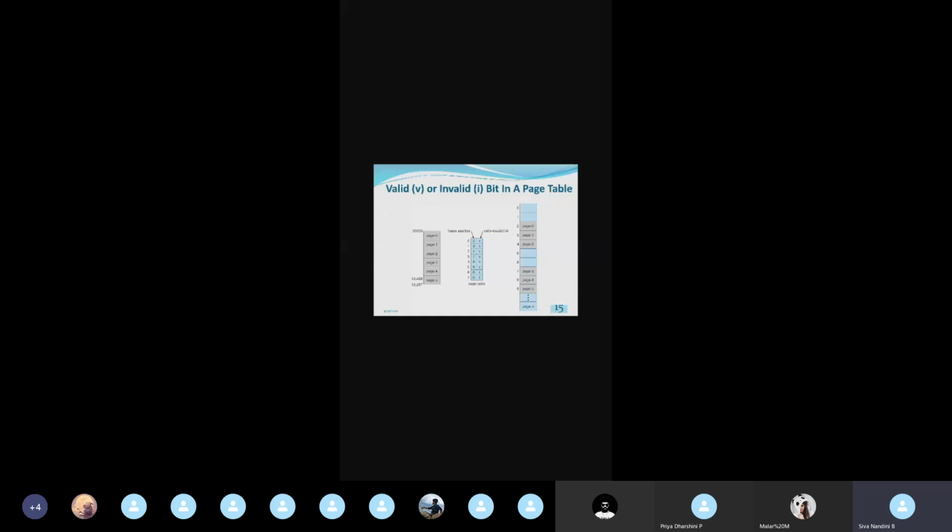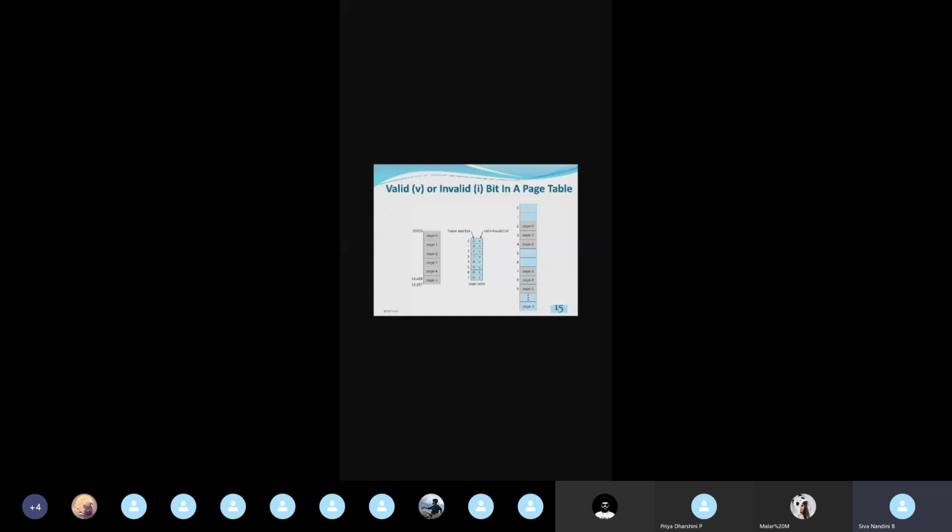So look at the other frames. We are having page 0 to page 5. In the page table, for page 0 to page 5 we have the corresponding frame numbers, as well as the bit near it, V, which denotes a valid bit, meaning this page belongs to that particular process. Okay.